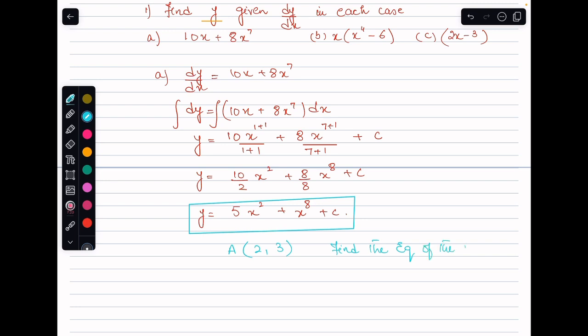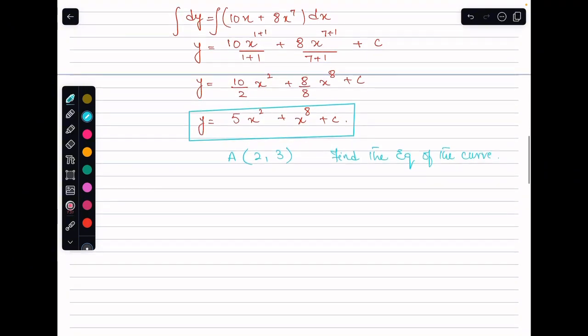So to get the constant, I substitute this point A with coordinates 2 and 3 into the equation. My y is 3, and then it's 5 times 2 squared plus 2 to the power 8, plus c.